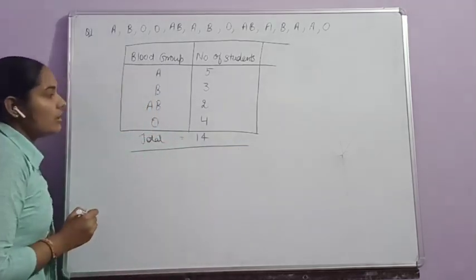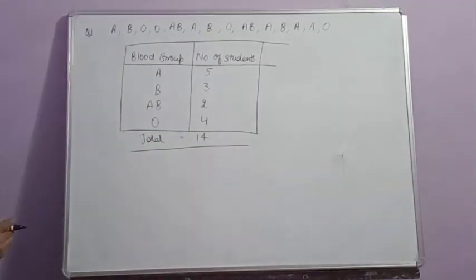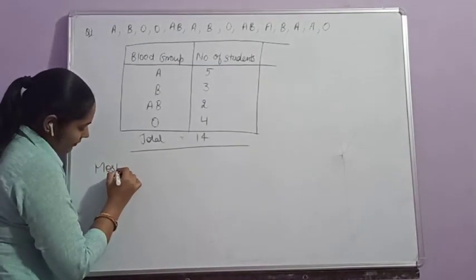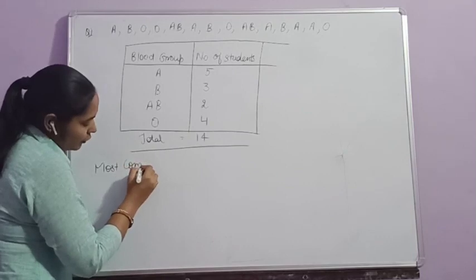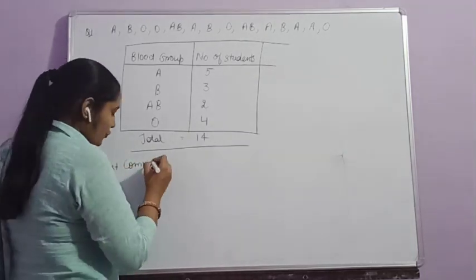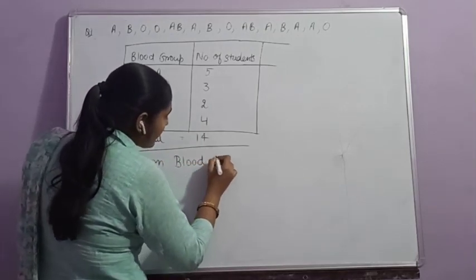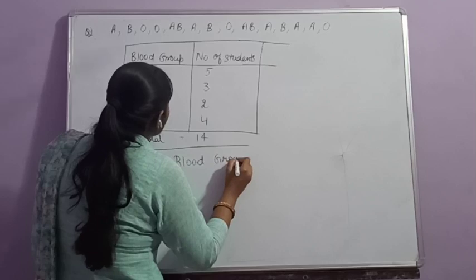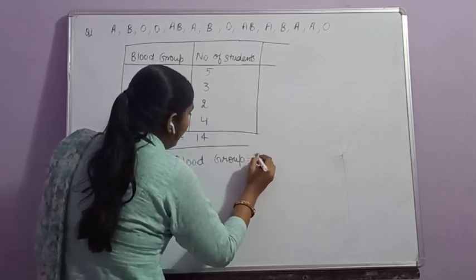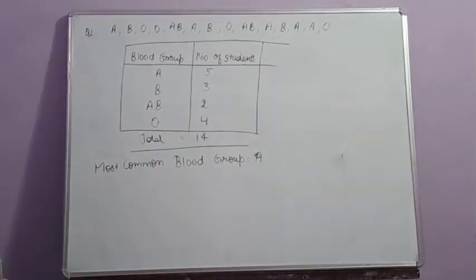Now, we have to find out the most common blood group. The most common blood group is the blood group having the maximum number of students, that is blood group A. The number of students having blood group A is equal to 5.